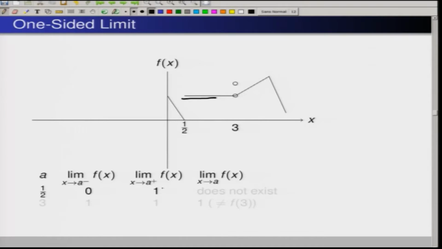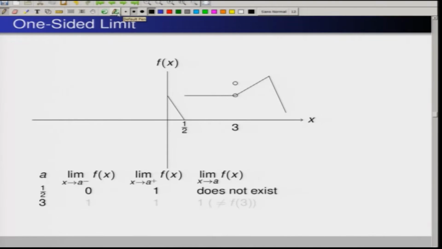Therefore, the limit of f of x as x goes to 1/2 does not exist. In order for the limit to exist, the left hand limit and the right hand limit should match. So, the limit is not going to exist at 1/2.